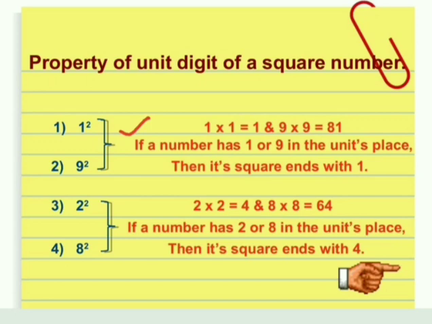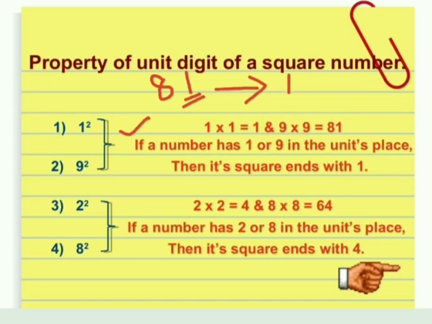It means if we are having any number, let us take 81. If we are having the number 81, then in its unit place 1 is there. So when we find out the square of 81, in the square of 81 the unit place is always 1.